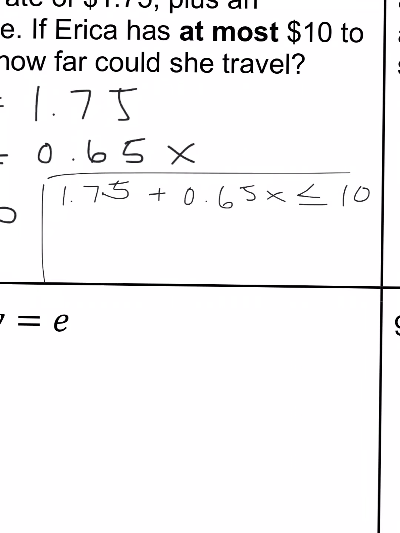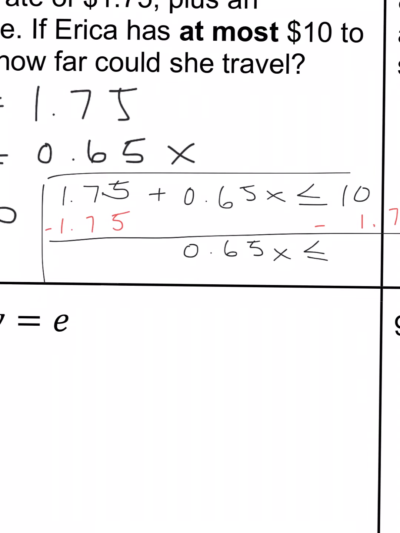So now we're going to subtract 175 from both sides, and we're going to drop down 65x is less than 175 minus, take away from $10 is going to give me 825 left over.